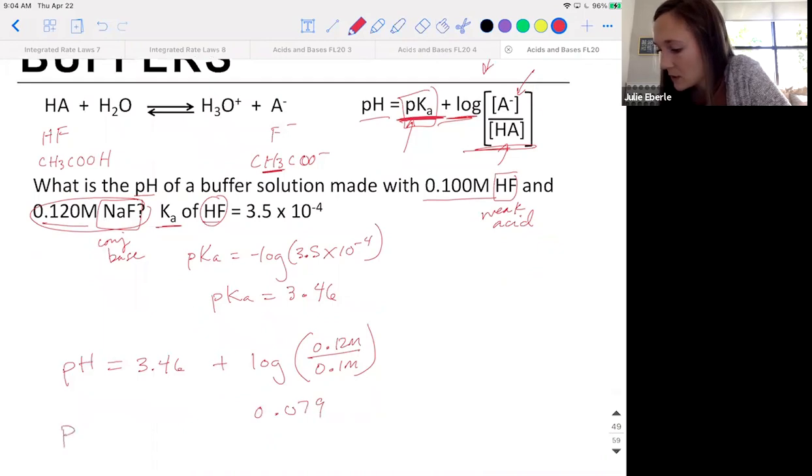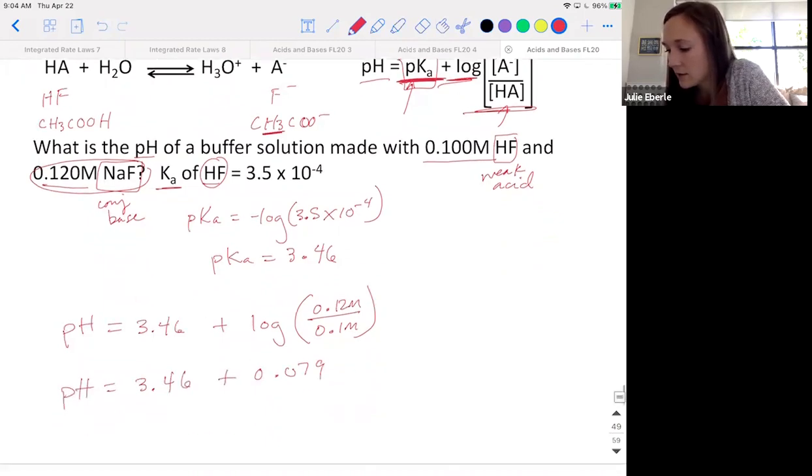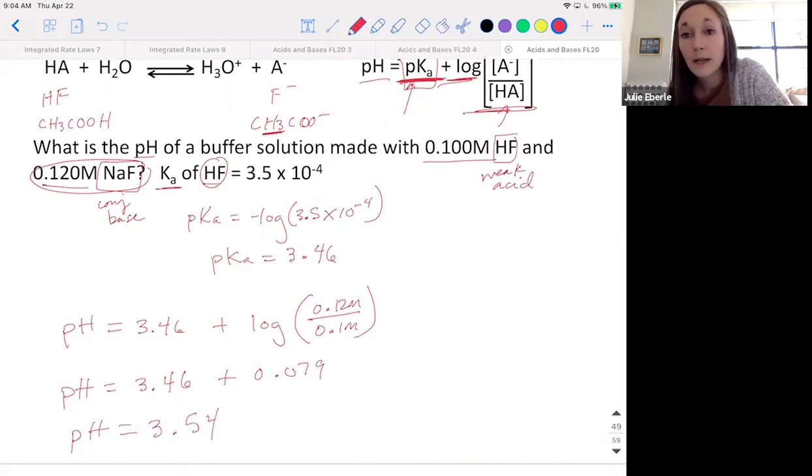So now pH equals 3.46, that was our pKa, plus the log of those values. So the pH of our buffer overall is equal to 3.54. pH is unitless, right? No units here. That's kind of nice.